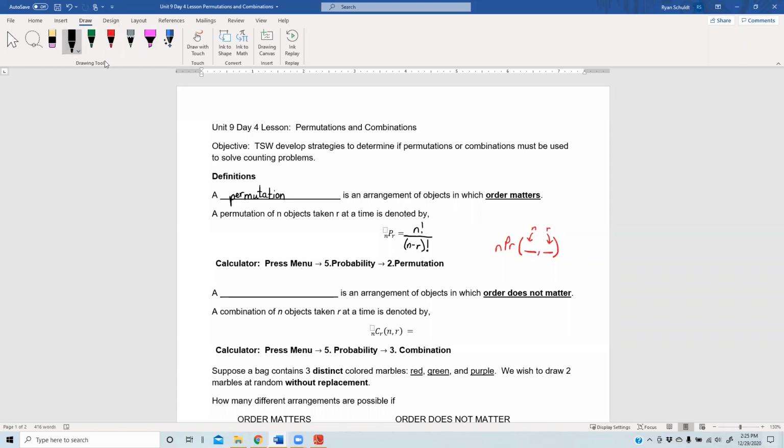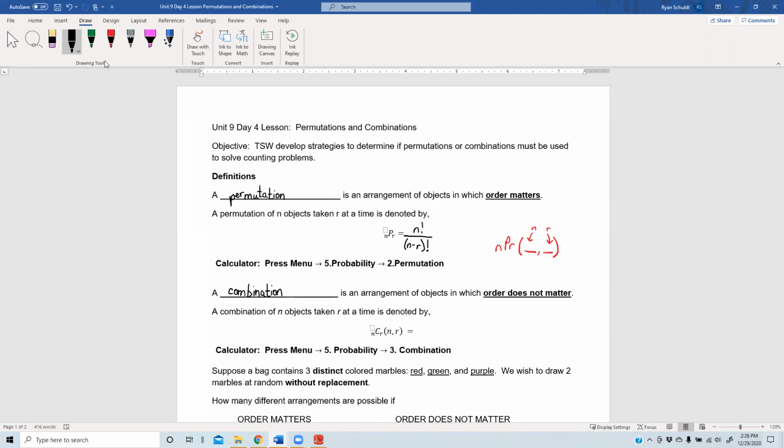A combination is an arrangement of objects in which order does not matter. So you're being picked for a committee, or you're being picked to go on a trip. It doesn't matter the order you're picked in, as long as you're picked, you're happy. That's a combination.